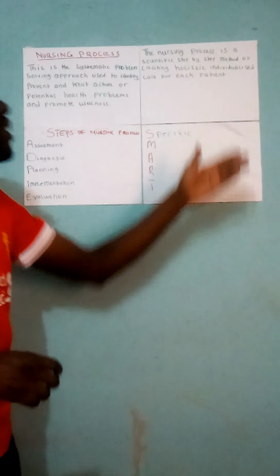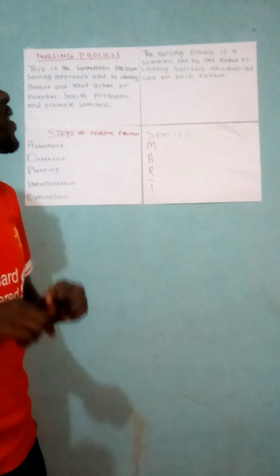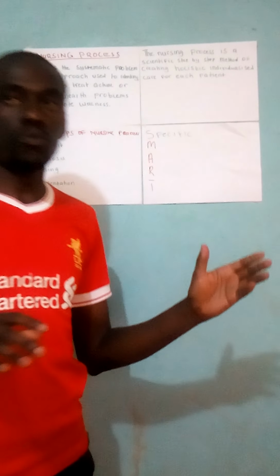Okay, the other statement I will say, nursing process is a scientific step-by-step method of creating a holistic, individualized care for each patient. Now, there are components of nursing process or the steps of nursing process.